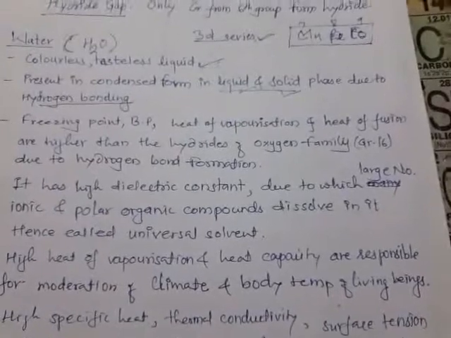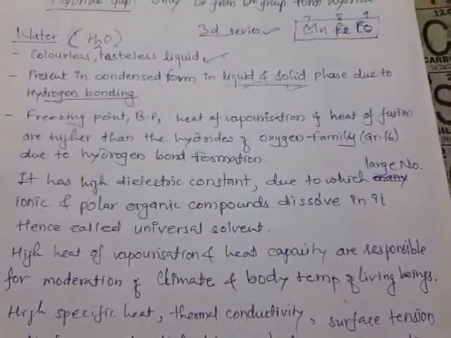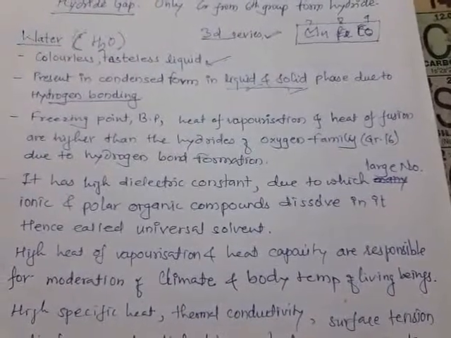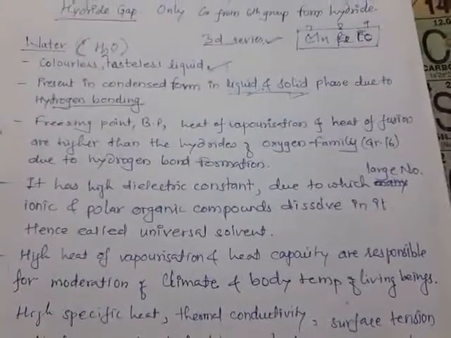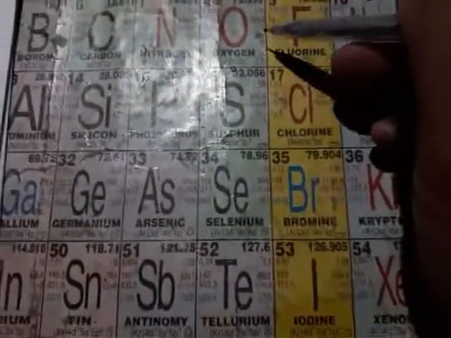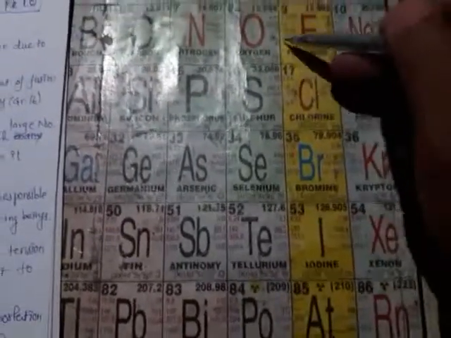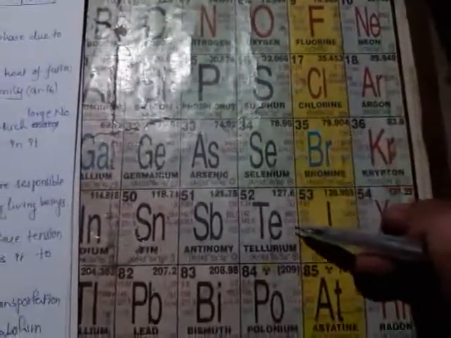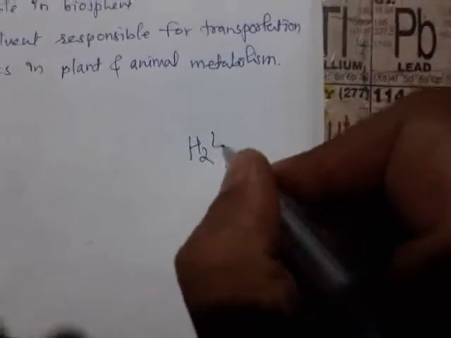Now due to the hydrogen bonding and the condensed phase, the freezing point, boiling point, heat of vaporization and heat of fusion are higher than the hydrides of the oxygen family. Here I will show you: this is oxygen, sulfur, selenium, tellurium and polonium. All these elements are capable of forming hydrides of type H2E.